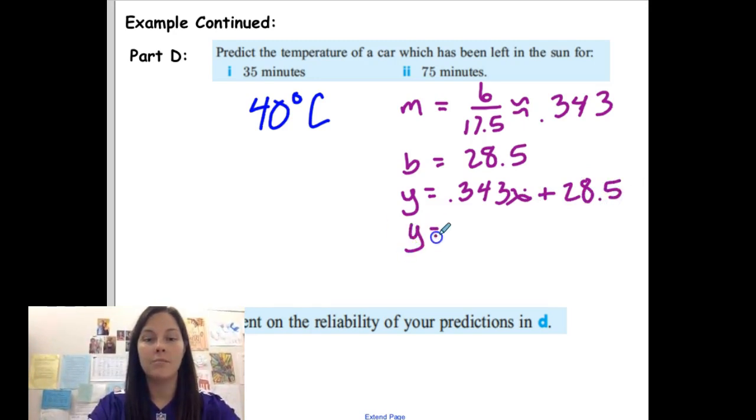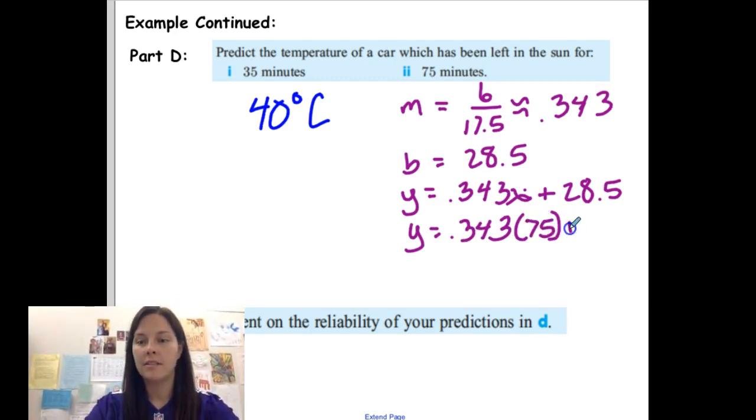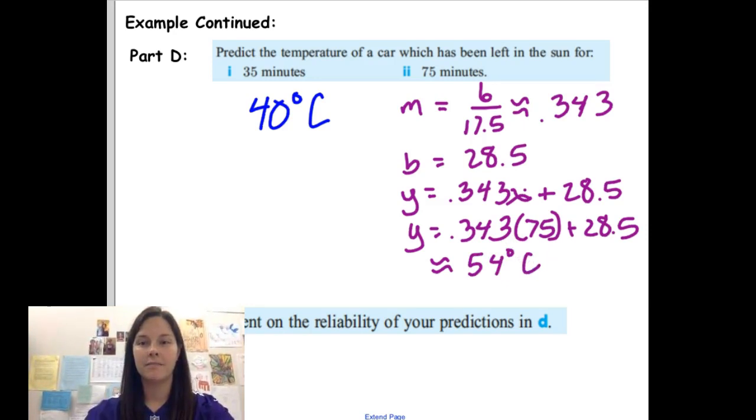Subbing in the minutes for x, replacing x with the 75 minutes, and then solving to get our approximate temperature. Rounding to the nearest whole degree, we get 54 degrees Celsius.